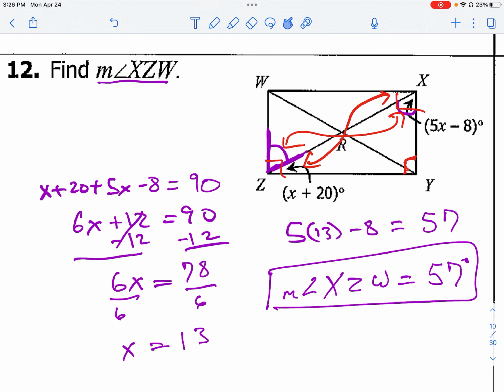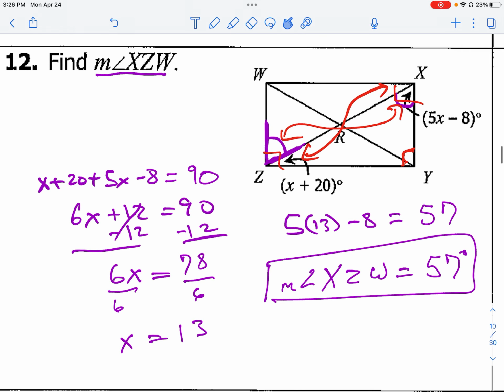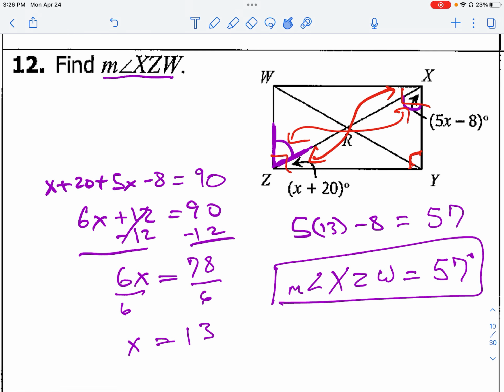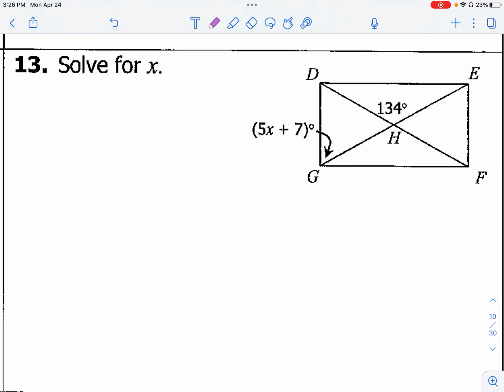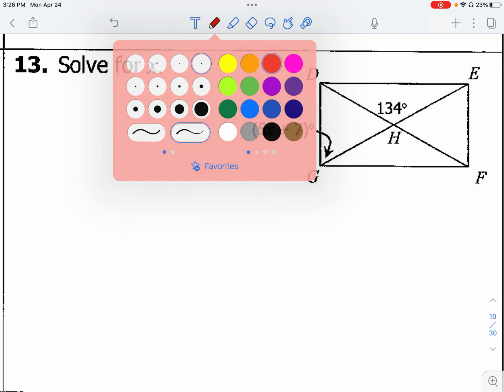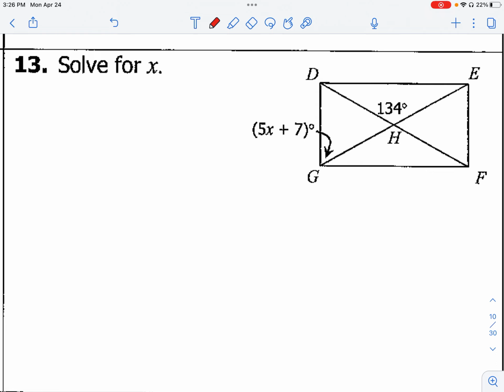So over and over and over again, we're using 90 degrees, 180 degrees, using our triangles to help us solve these problems. So here we're just going to solve for x. We know that these are all the same.